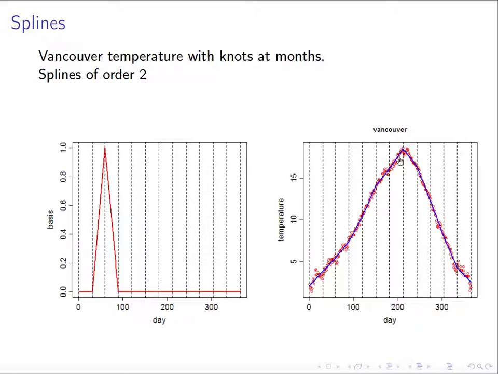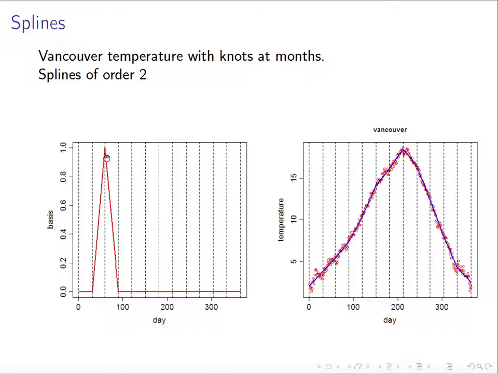Now we can increase the order of the splines. Using the same 13 knots, we now use order 2 B-splines. Order 2 means in each segment it is a degree 1 polynomial, a linear function.